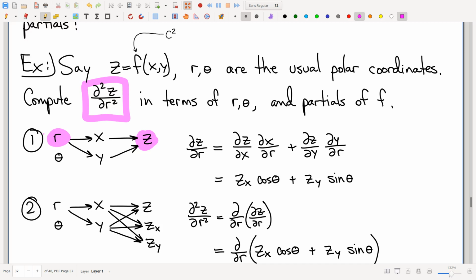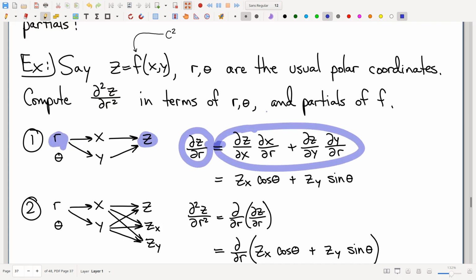How do you do that without actually just plugging the whole thing in and doing it brute force? Okay. So we're going to compute this second partial one at a time. We're going to start off with partial of z with respect to r. There's z, there's r. There's two paths.